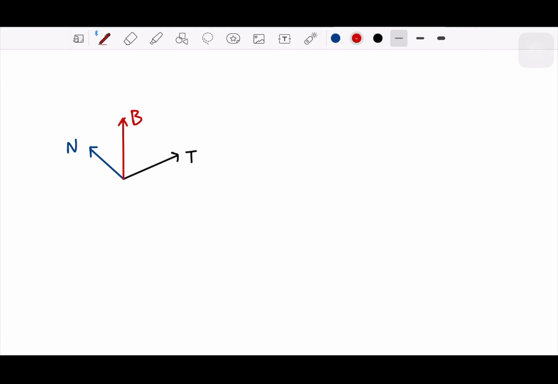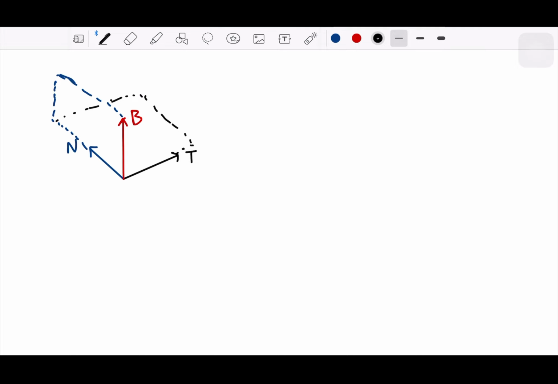So from these three particular vectors, as we mentioned in chapter 12, the vectors will be related to the plane. So we will have at least two planes. BN has a plane like this. And TN also has a plane.